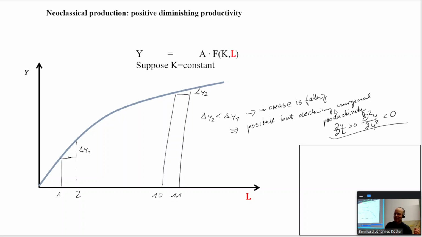So still, if we increase input here, labor L, and go to the right, still some output is added, but the additional output which we obtain by the next unit of labor is decreasing if we are already at a high production level.